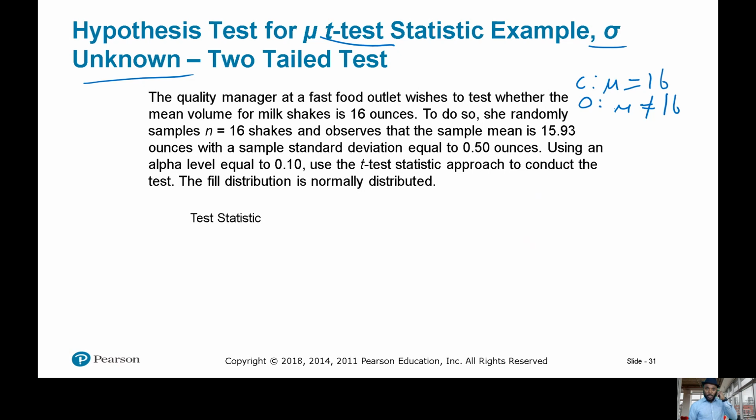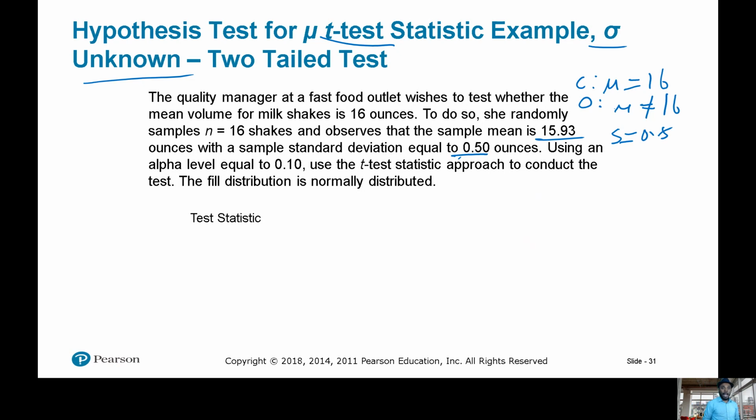To do so, she randomly samples 16 shakes and observes that the sample mean, that's X bar, is 15.93 ounces with a sample standard deviation, that's S, equal to 0.5.